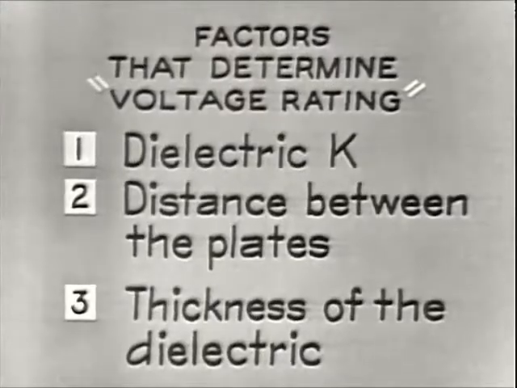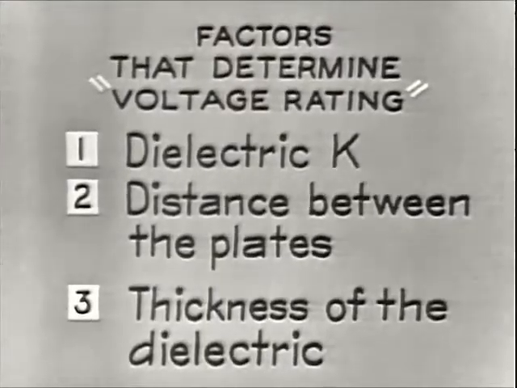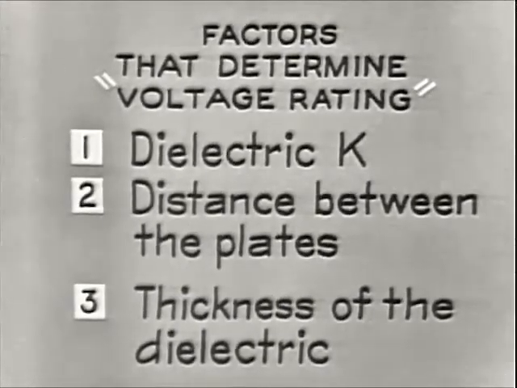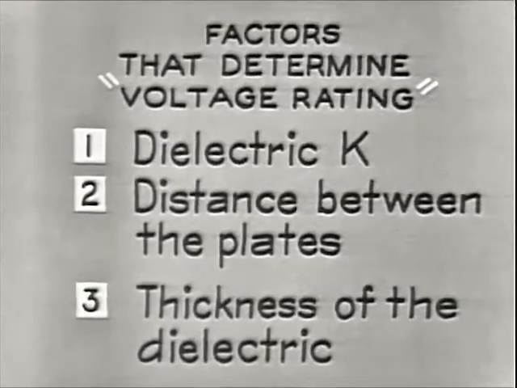Whether we get an arc or not depends on how far the current has to jump and the insulating quality of the dielectric. The further apart the plates are, the higher the dielectric K, and the thicker the dielectric is, the higher the voltage rating will be. Remember, these factors: dielectric K, the distance between the plates, and the thickness of the dielectric.